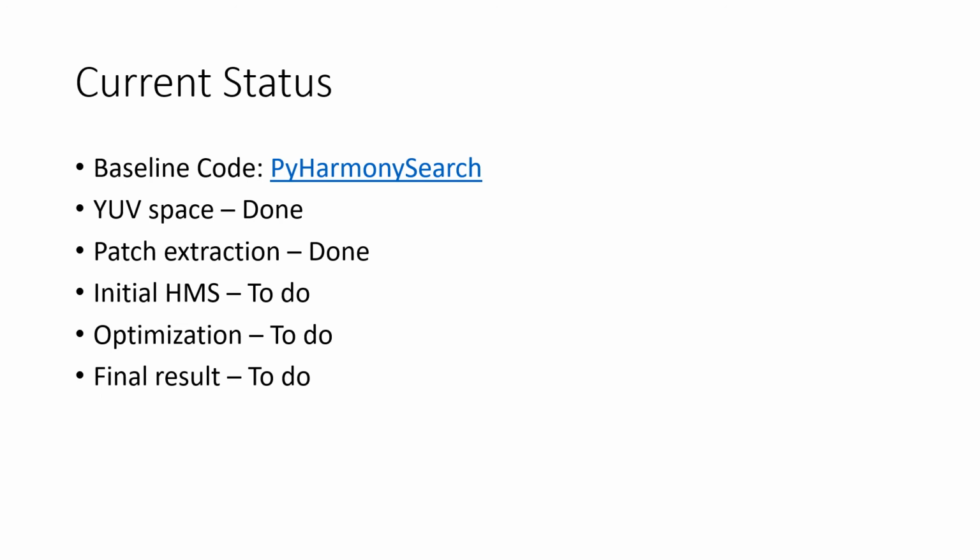Any images are converted into YUV space. Patch extraction is already done. I'm using overlapping patches and I'm getting more than 44,000 patches. I will reduce the number of patches to find the optimal number, and then the main part comes, the optimization and the final result.